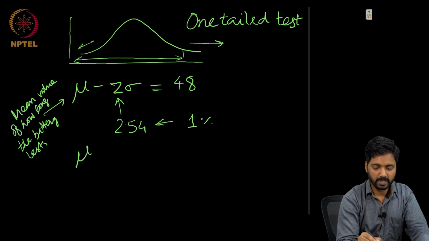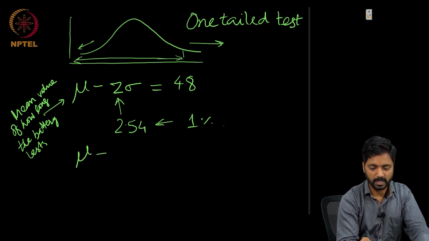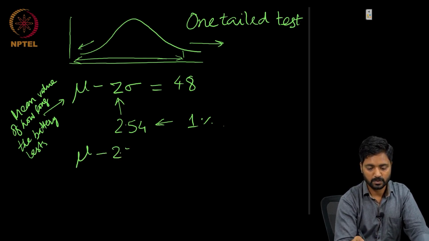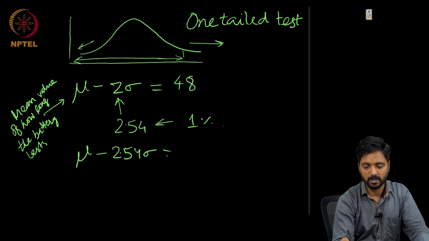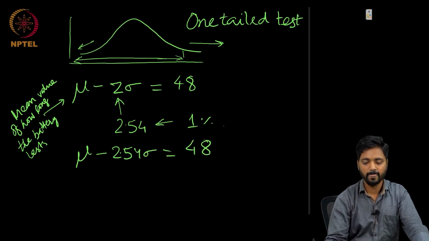So, if we plug in these values, we get mu minus 2.54 sigma is equal to 48.